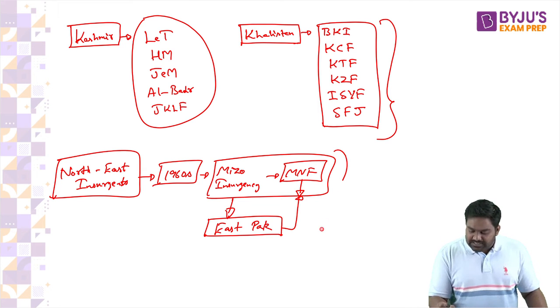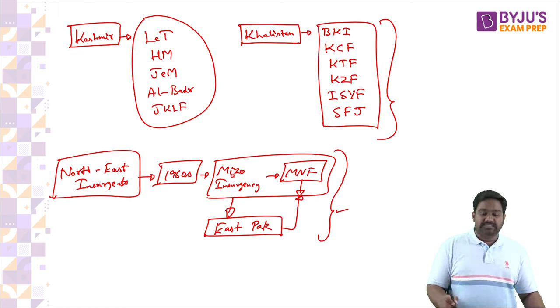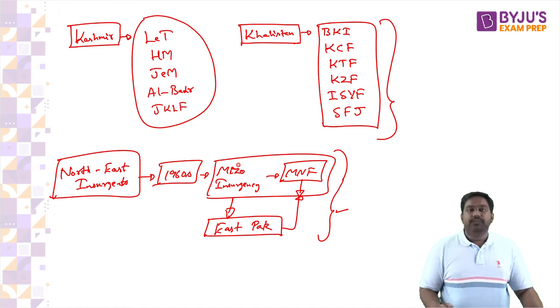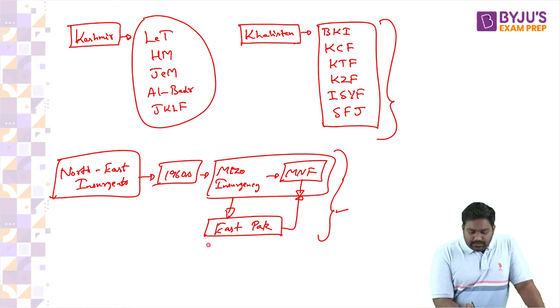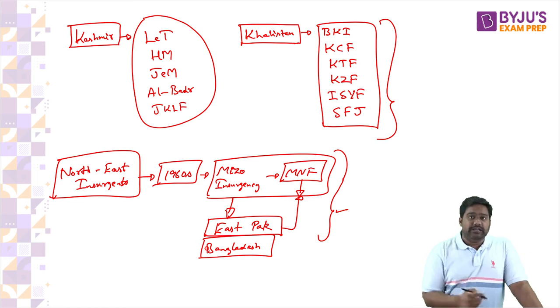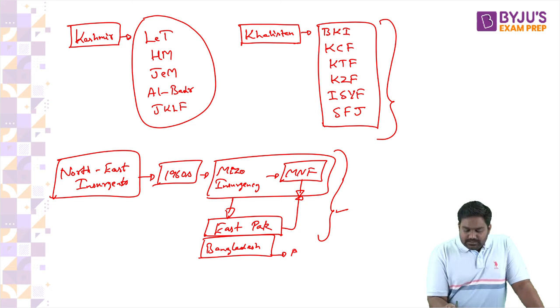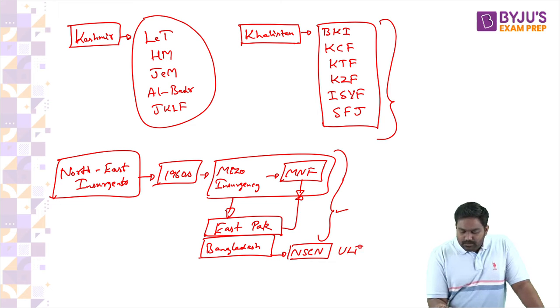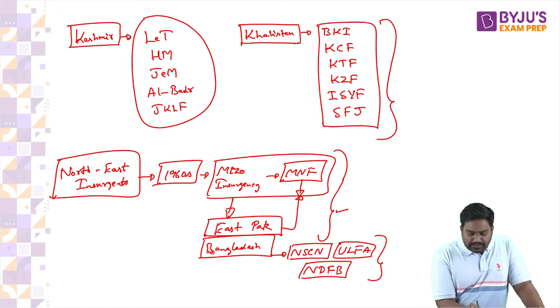They were given funds and weapons as well to wage this insurgent war against India. Is that clear? Later in Bangladesh, when hostile governments came up, as we have studied in the previous chapter, several Northeast insurgent outfits like NSCN, ULFA, Bodo outfits like NDFB, they've all been sheltered in Bangladesh, and Pakistan has played a role in this.